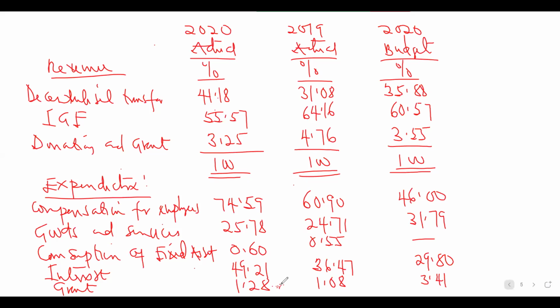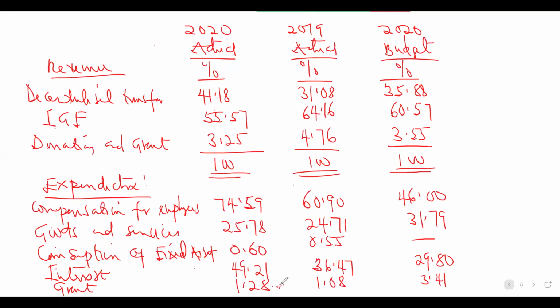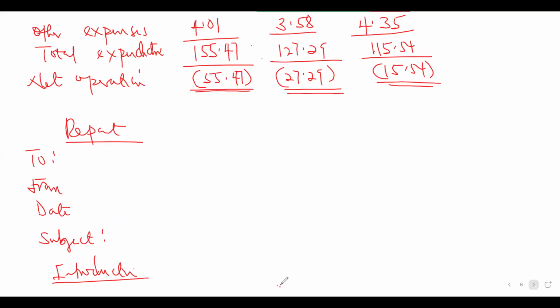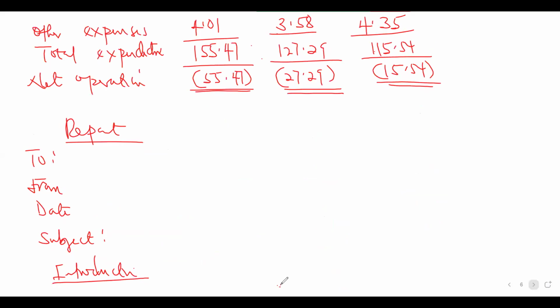How many are they? 1, 2, 3, 4, 5, 6, 7, 8, 9, 10. Some of them are not significant, so you can ignore their impact, like maybe grants, consumption of fixed capital. The difference is not that significant, so you can ignore them when you are doing your analysis. So just bring the items one by one.